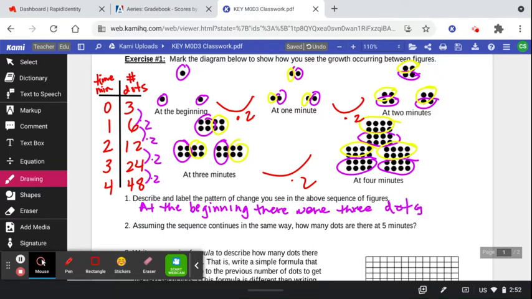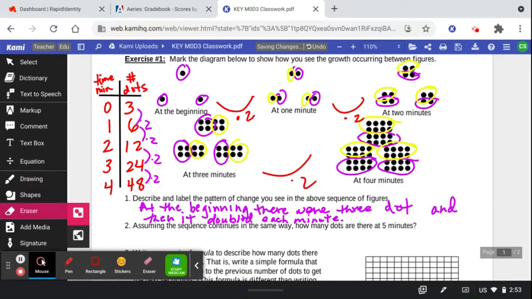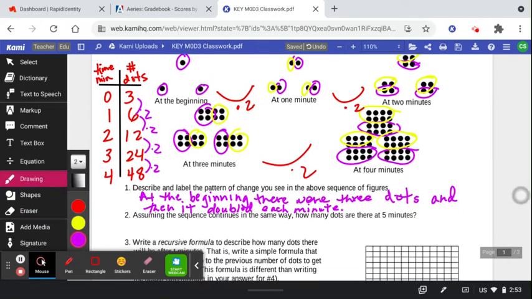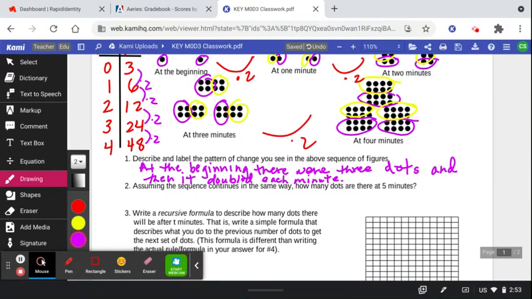And the pattern doubled each minute. And again, this can be in your own words, something talking about how many there were at the beginning, what's happening repeatedly with each step. Describing that pattern.